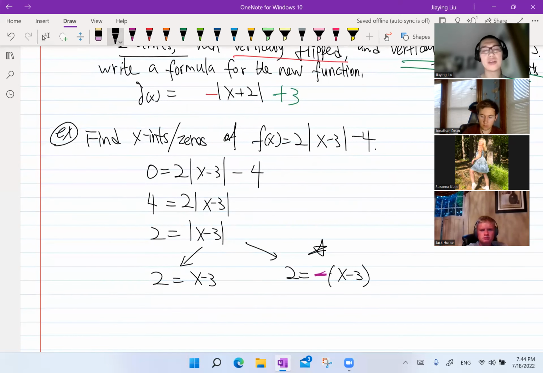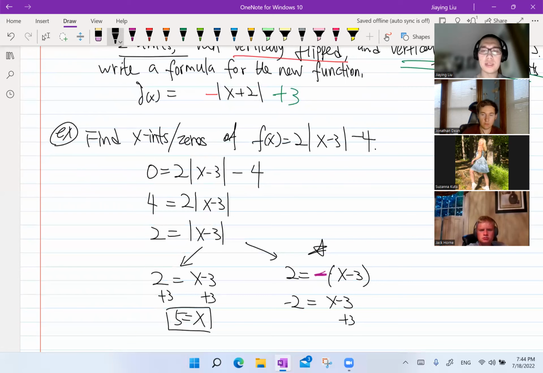And from here, we can solve for x by adding 3 to both sides on the left, so we get x equals 5. That's one x value. For the expression on the right, we have to either divide by negative or distribute it first. It's up to you. I'm going to divide by negative, so we get -2 equals x minus 3.